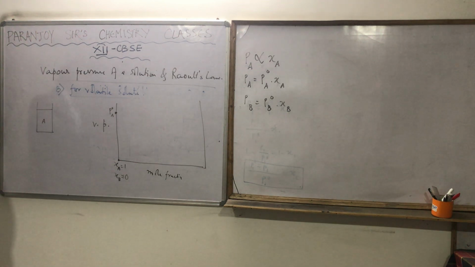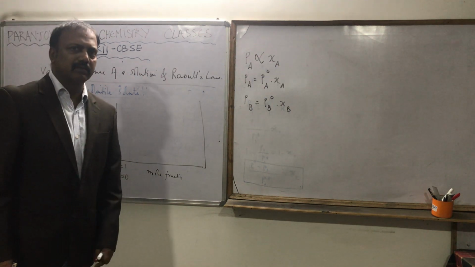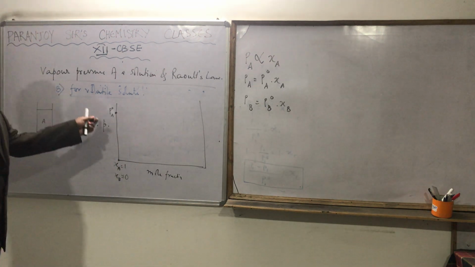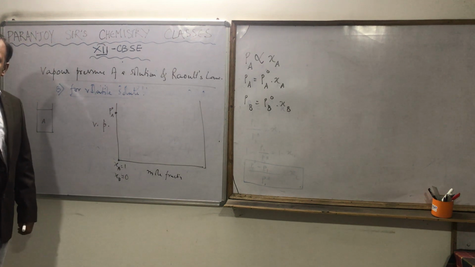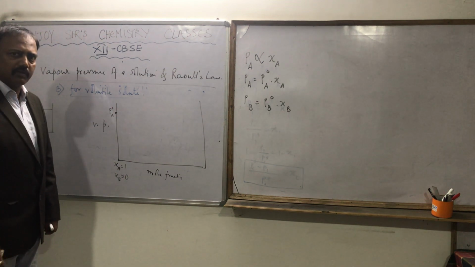Now we added a little bit of B. Whenever we add a little bit of B, the mole fraction of A decreases and the mole fraction of B increases. So if the mole fraction of A decreases, the vapor pressure of A will also decrease, and if the mole fraction of B increases, the vapor pressure of B will also increase.